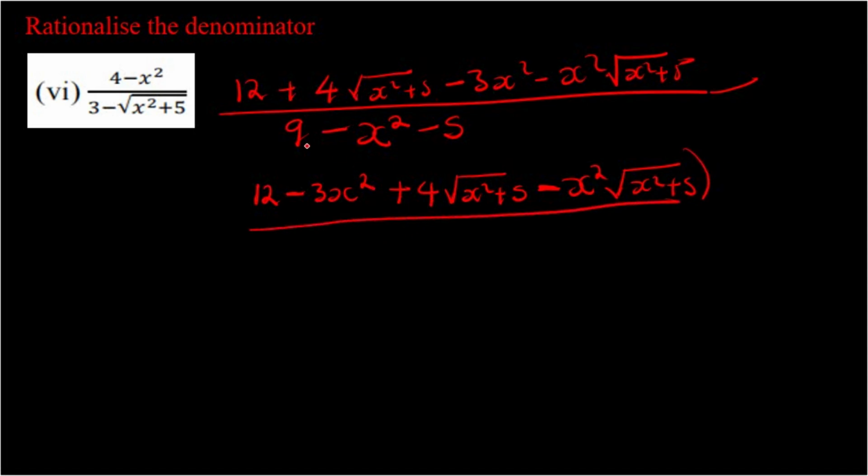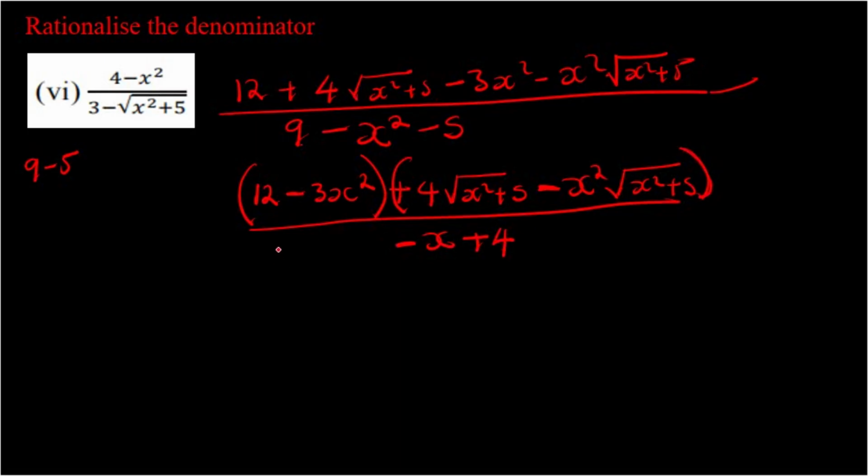Over, then I'll say 9 minus that. What's the answer? The 9 minus 5 is 4. So it will be plus 4, like that, right?